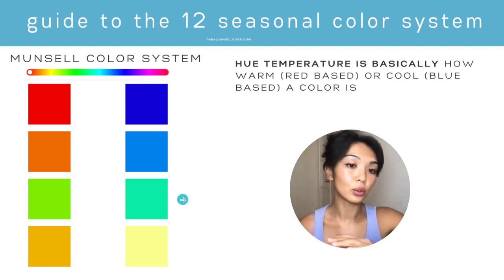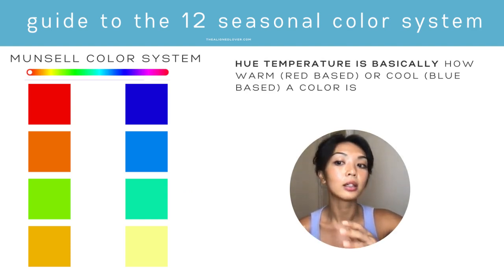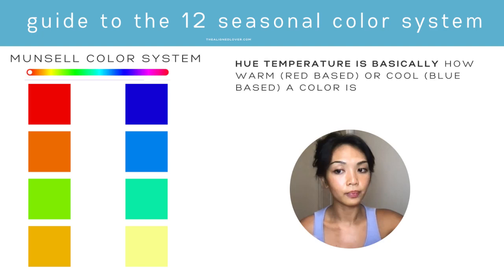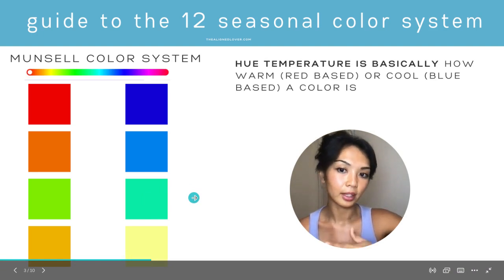Now let's move into the green space of the rainbow scale. On the left, we have this very yellow-based warm green. You can see it's much closer to the red end of the spectrum, has a lot of yellow to it, whereas this green on the right is cool.